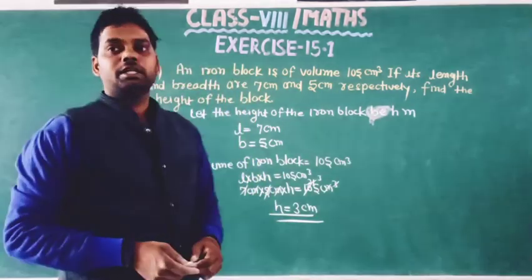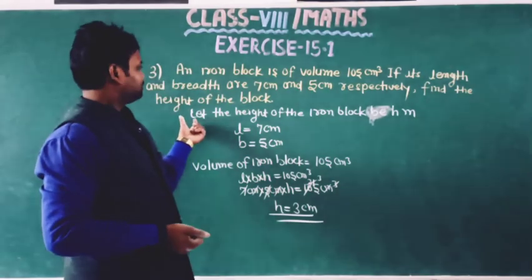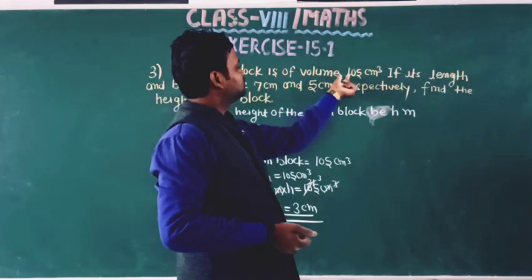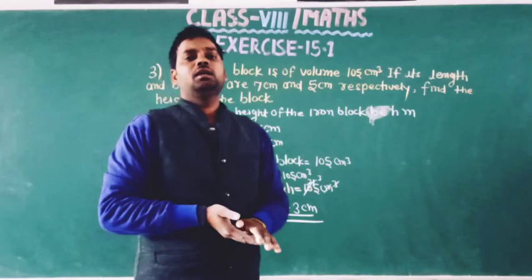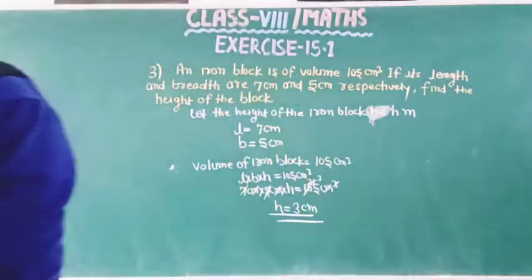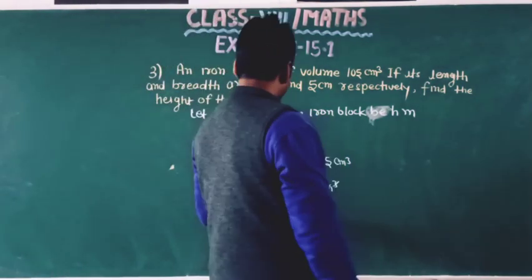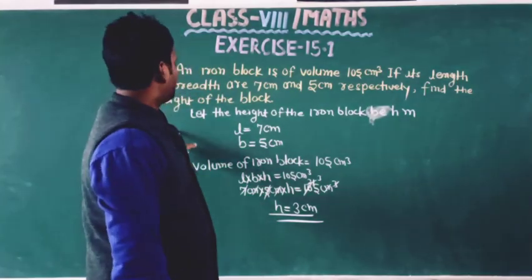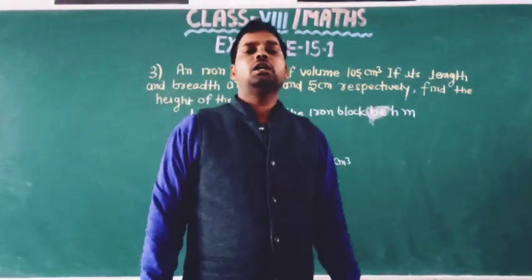So dear children, the height of the iron block is 3 centimeter, given volume 105 centimeter cube, length 7 and breadth 5 centimeter. This is the required answer of question number 3: height equals 3 centimeter of the iron block.